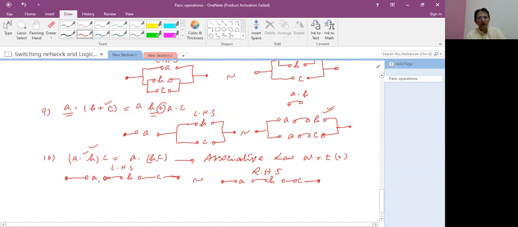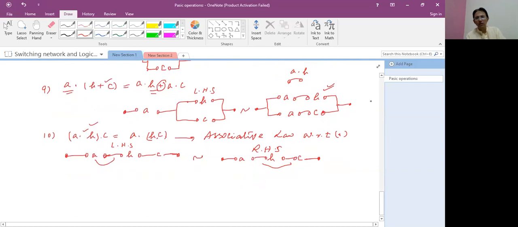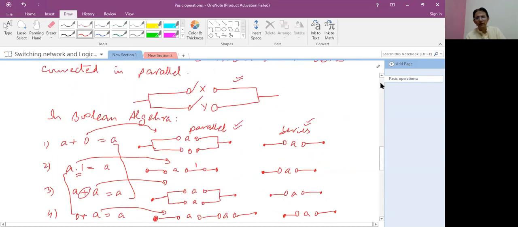So we write it this way: A dot B dot C and A dot B dot C, because B is multiplied by C first, so we apply this symbol. So these are called switching networks.